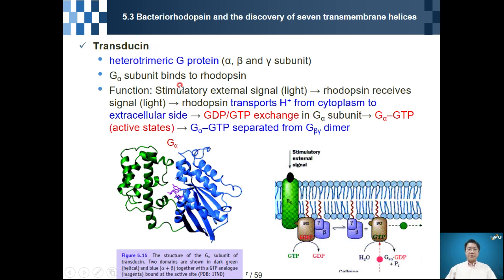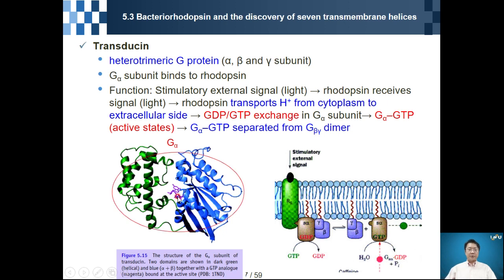Transducin is a heterotrimeric G protein, composed of a G alpha subunit, a G beta subunit and a G gamma subunit. The G alpha subunit binds to the rhodopsin.